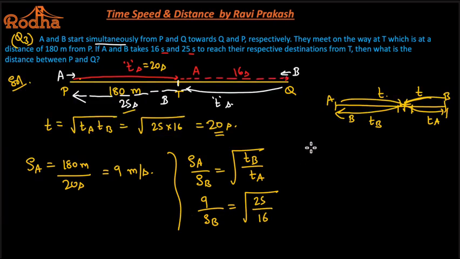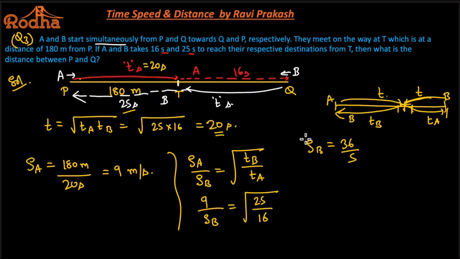So SB will be equal to 9 into 4 by 5, that is 36 by 5. So 36 by 5 is the speed of B.